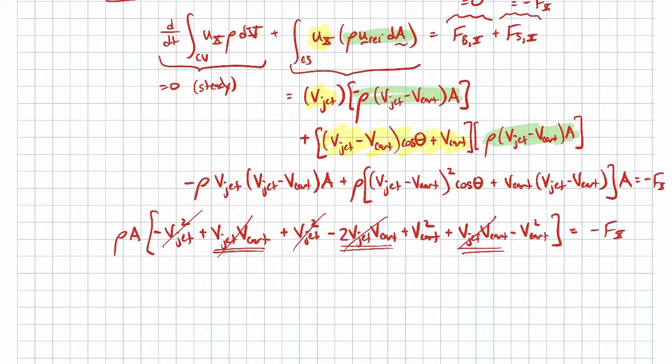Let me just double check that I've got all this correct. That all looks good. You know what I'm missing? I'm missing the cosine terms. Let me try again here.